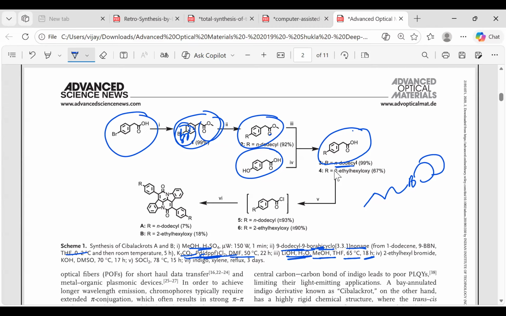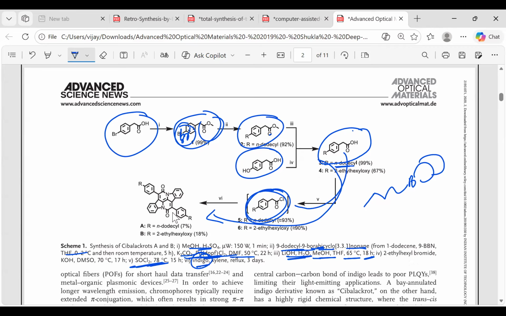And then there is acyl chloride formation using SOCl2, and this is all one-pot reaction from here to here. SOCl2 is added and converts this acid to the corresponding acyl chloride, and then the indigo dye is added.